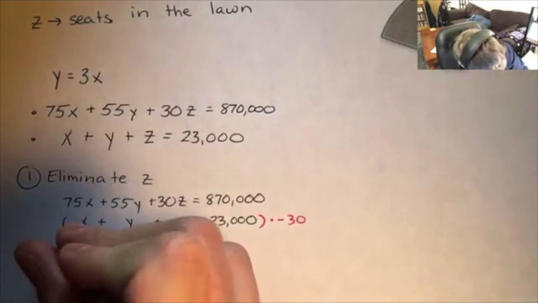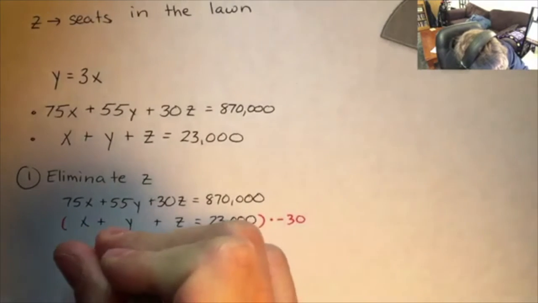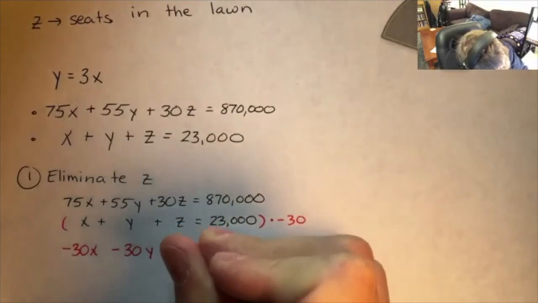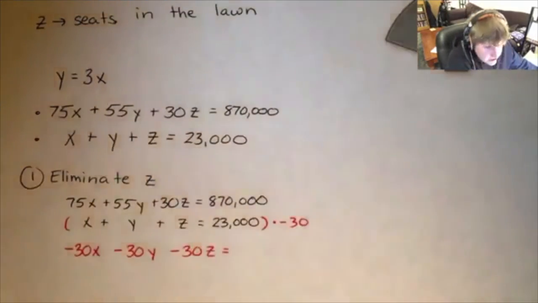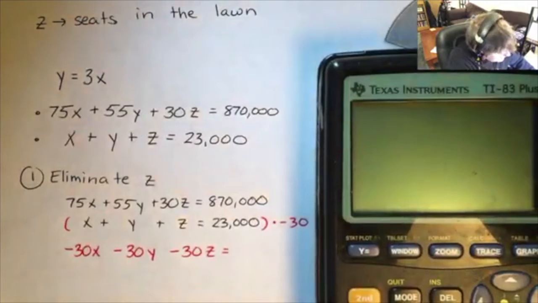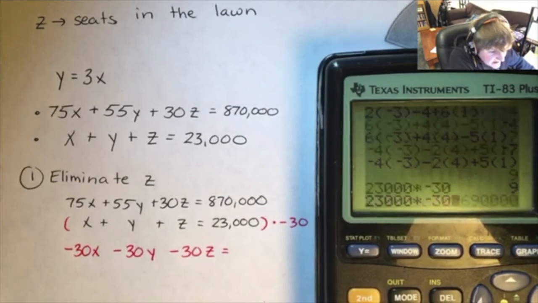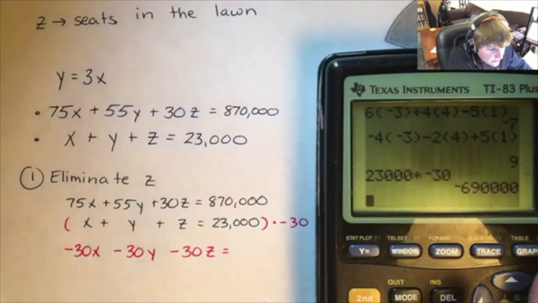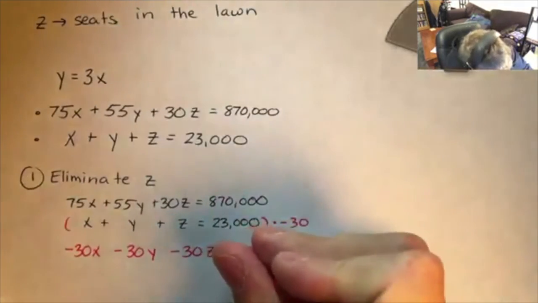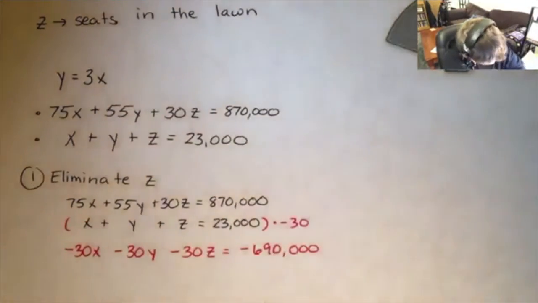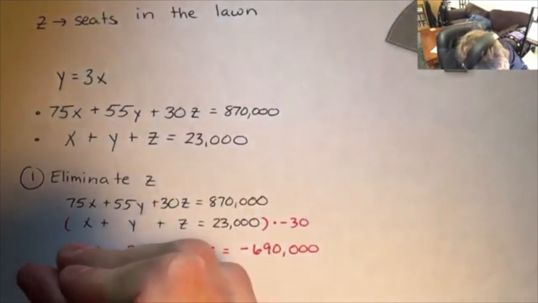So I'm going to have negative 30x minus 30y minus 30z is equal to 23,000 times negative 30, negative 690,000. Okay, and then the top equation I'm just going to write right below it.